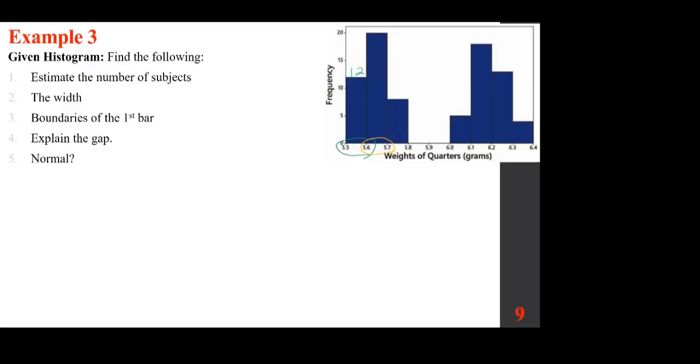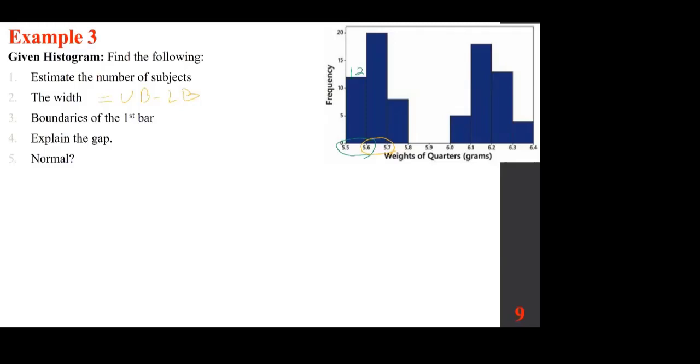And therefore, the width is the difference between the two. When you want to calculate the width, if the boundaries are given, the width would be upper boundary minus lower boundary of the same class. Whereas with the limits, it was upper limit minus lower limit plus 1 unit. Okay, don't mix them up.